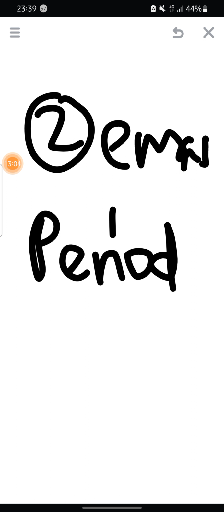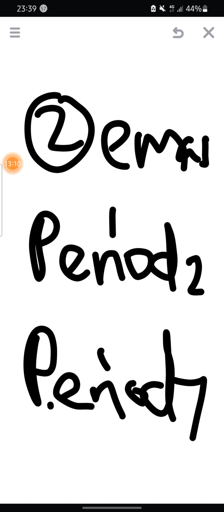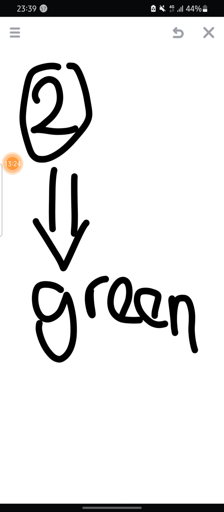One with period 2, the other is period 7. The one with period 2 is the green one. The one that has period 7 is the red one.